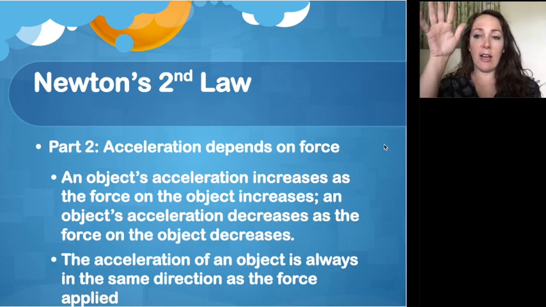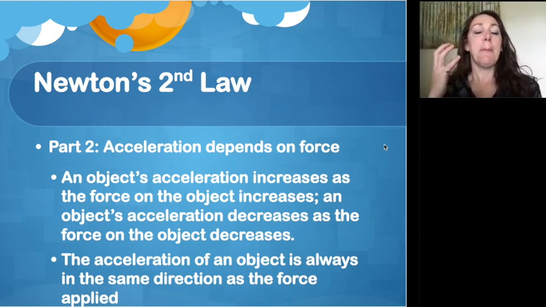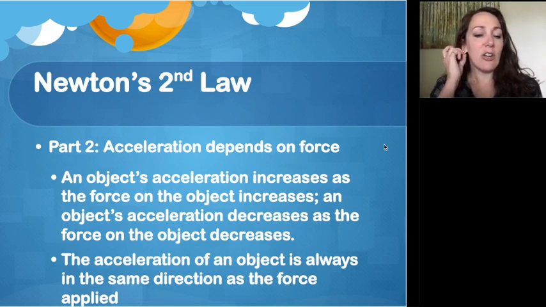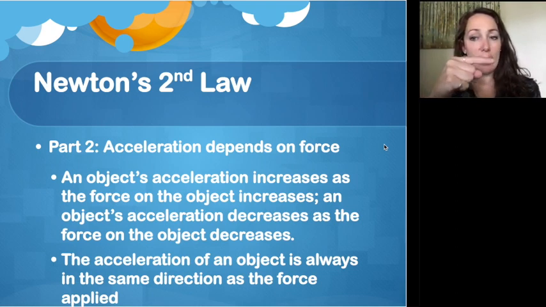Somebody could just lob a baseball and it'll just kind of float through the air to somebody, or you can pitch it really hard, applying more force to get that ball to go faster and harder. The acceleration of an object is always in the same direction as the force applied. So if I push something this way, the object will go this way.